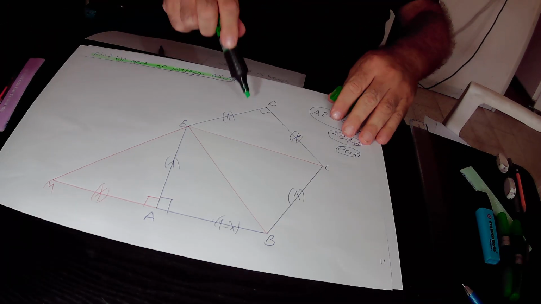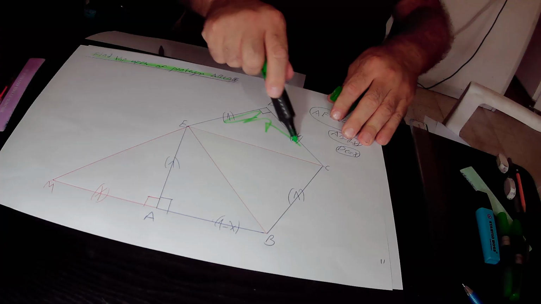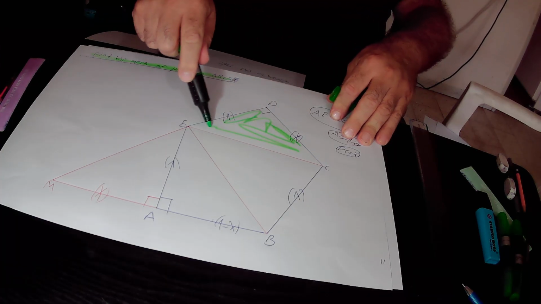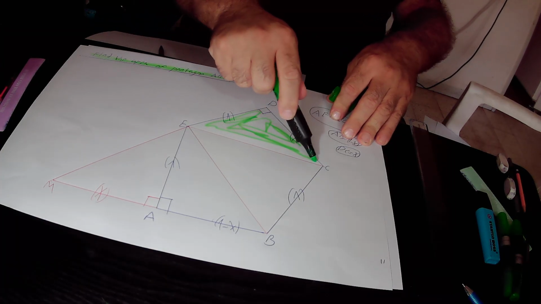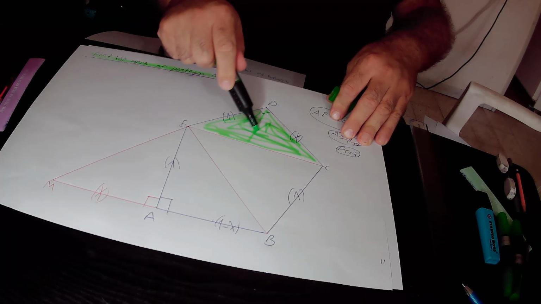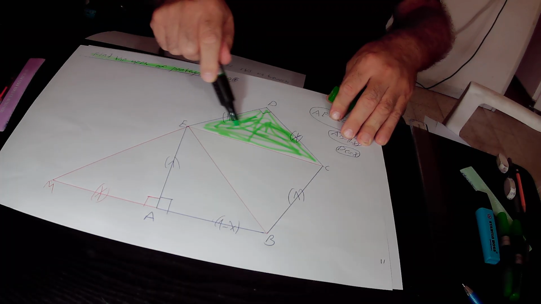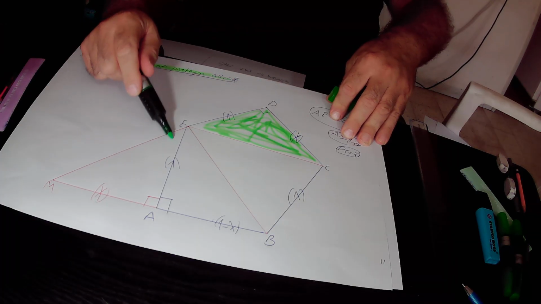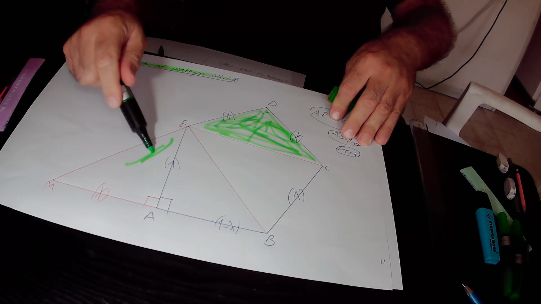So the area of this green right triangle EDC must be equal to that of this green right triangle EAM.